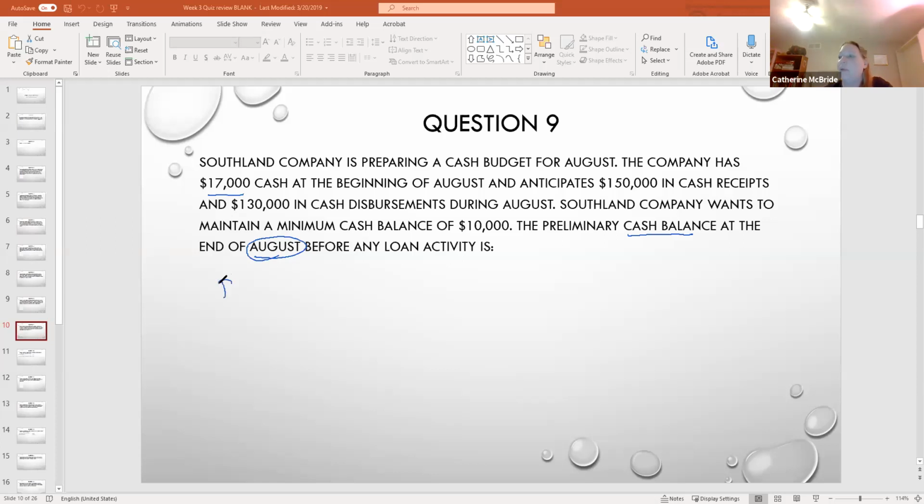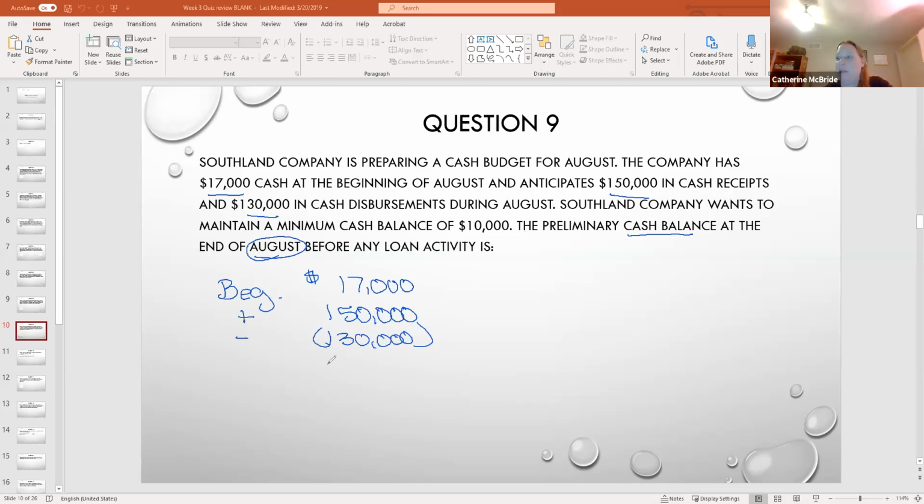Okay, so for starters, we have $17,000 in cash and anticipates $150,000 in cash receipts. So we're going to add the $150,000 in cash receipts and subtract the $130,000 in cash disbursements. Southland Company wants to maintain a minimum cash balance of $10,000.